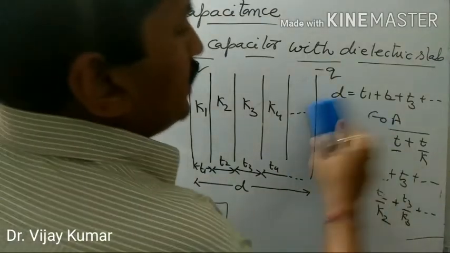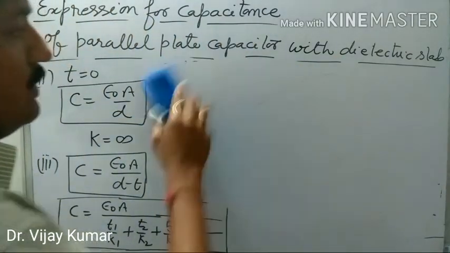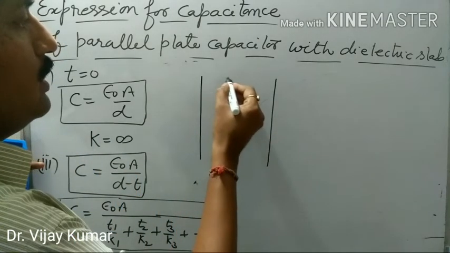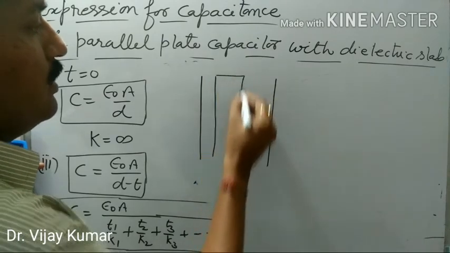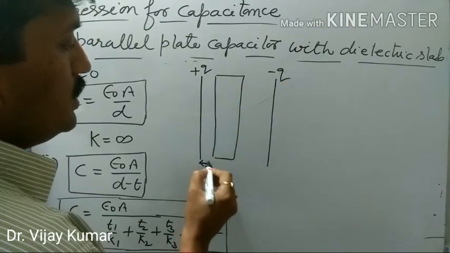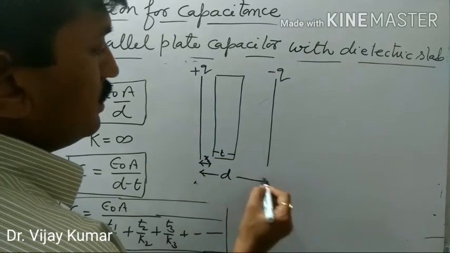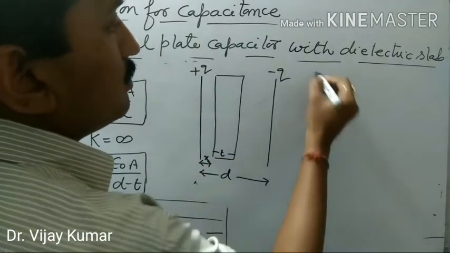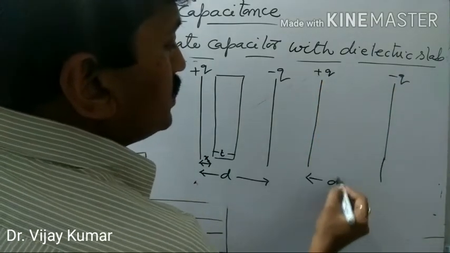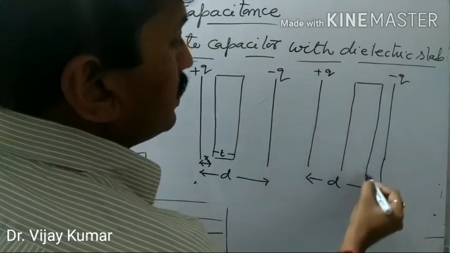The capacitance of a capacitor does not depend upon the position of the dielectric. Suppose this is one capacitor with plus Q charge, minus Q charge, the position of the dielectric at distance X, thickness T, and separation D. In another capacitor, with plus Q charge, minus Q charge, separation D, the position of the dielectric is like this.